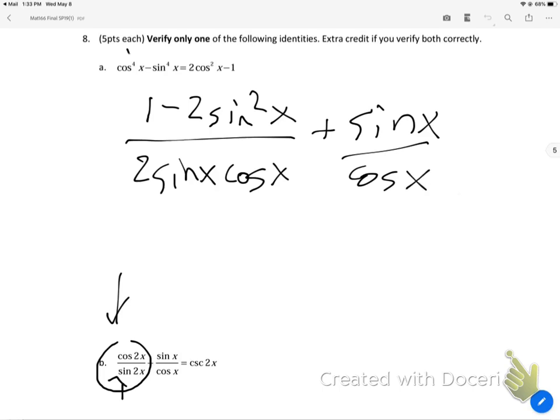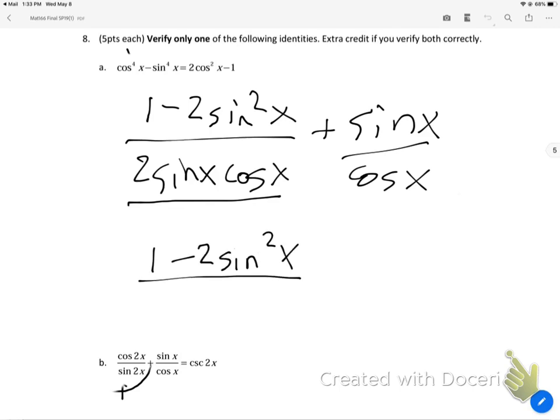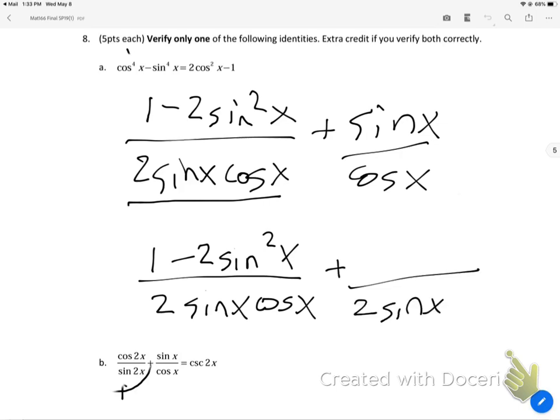I need a common denominator here if I'm going to add these. The common denominator is this, so I'm not going to change this particular fraction: 1 minus 2 sine squared x over 2 sine x cosine x, plus, with a common denominator of 2 sine x cosine x, this is the new part.